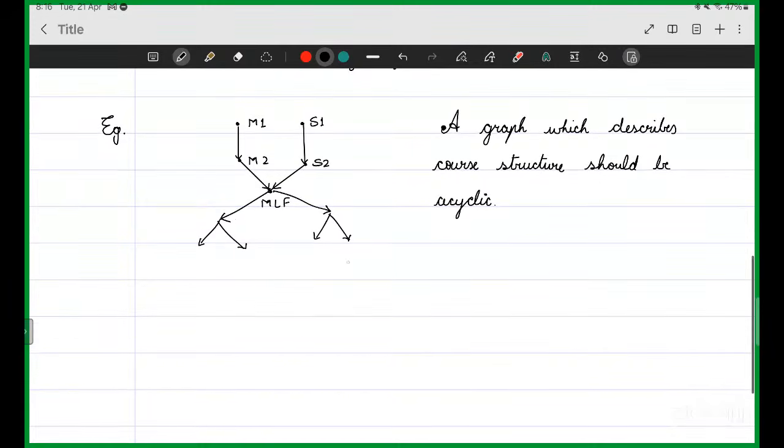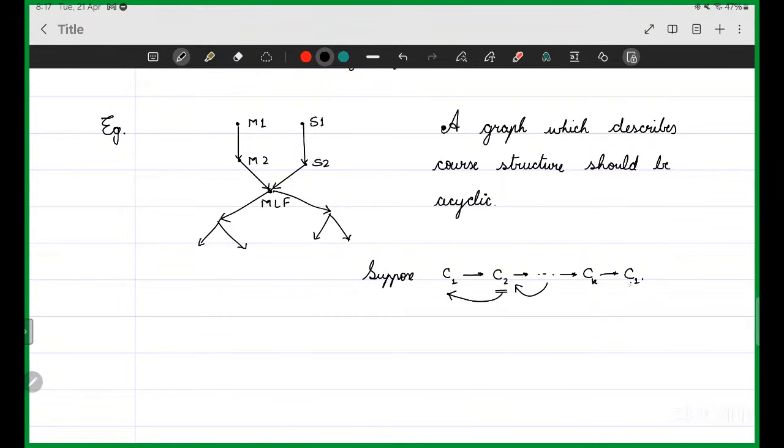Right. So suppose I'll just write C1, C2, something, CK, C1 is a cycle. So what does this mean? By the description that we have given, the course C2 requires C1 as a prerequisite, and C3 requires C2, and so on.